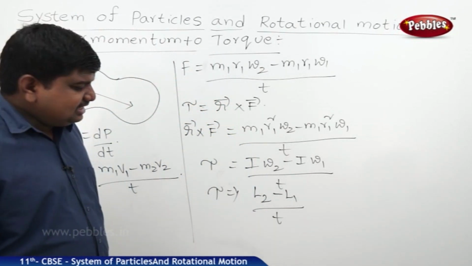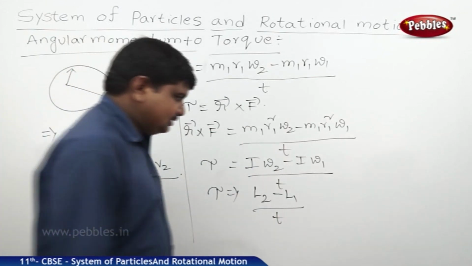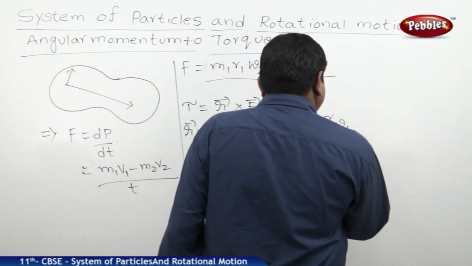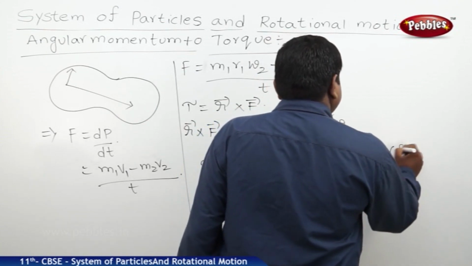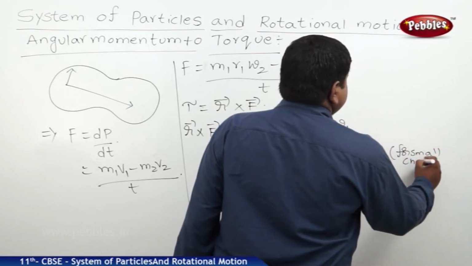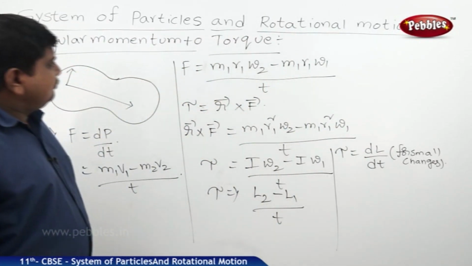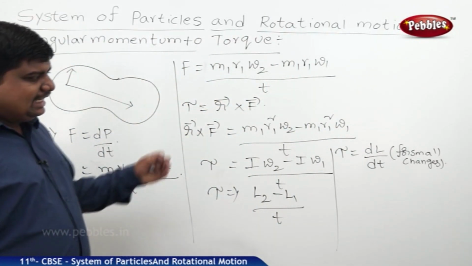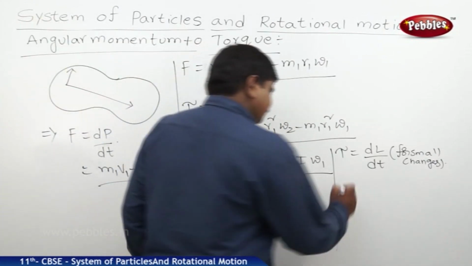For small change in the angular momentum, we can write L2 minus L1 as dL. So therefore, tau is equal to dL by dt for small changes. So what can we define with this relationship? Torque is defined as rate of change in angular momentum.